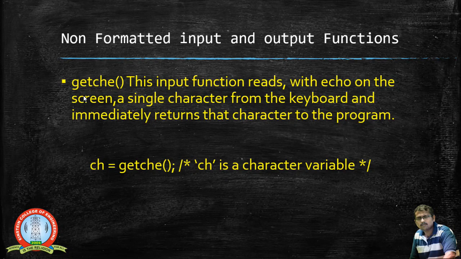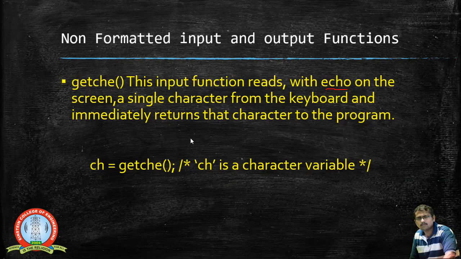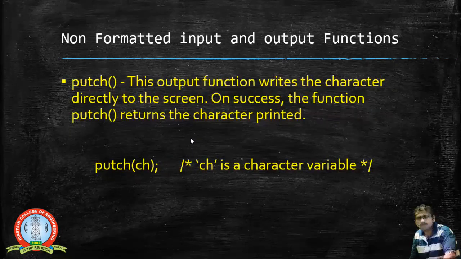This function reads an input, and it will echo the character on the screen. That means whenever you execute this function, the character will get displayed on the output screen, whereas in the case of getch, the characters will never get displayed. So these are some of the examples of the non-formatted functions.